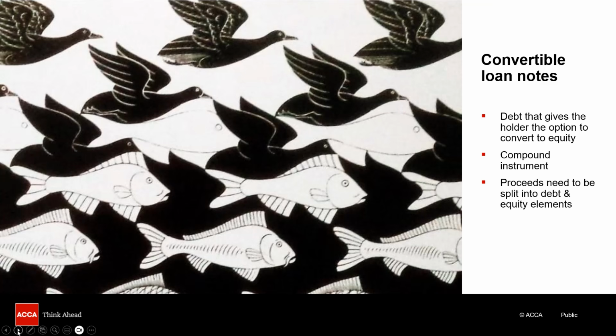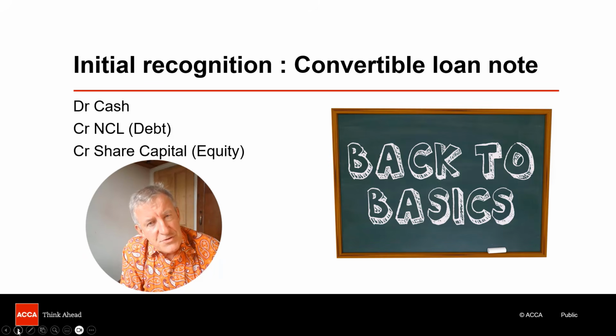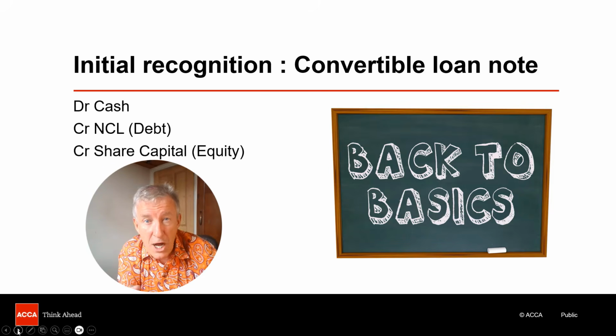This is not straightforward. So we've received money for issuing a compound financial instrument. We've received one lot of money, but effectively we've issued 2 financial instruments wrapped into one.